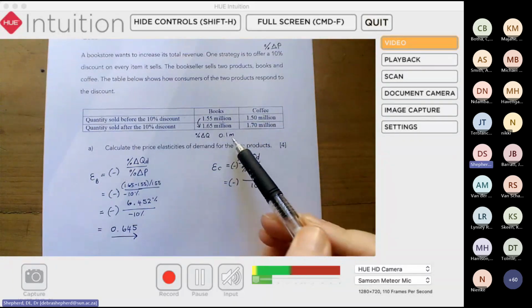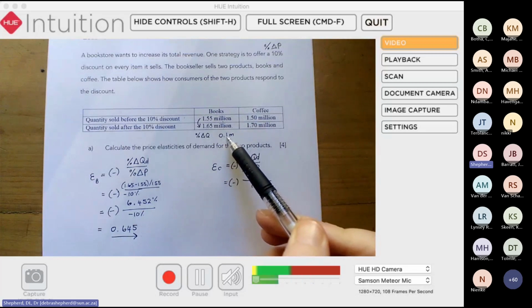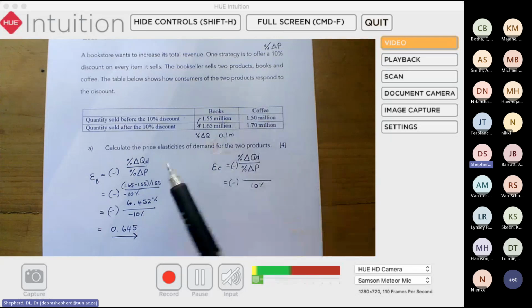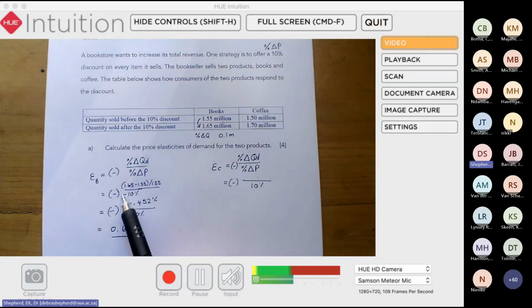So the percentage change in books is going to be 0.1 million divided by 1.55 million, which is the original quantity. If I take that and I divide it by the minus 10% change, because the price of books is changing by minus 10%, it's a discount, so the price is going down. And so that gives us 0.645. So I'm going to put a minus in front of there as well.